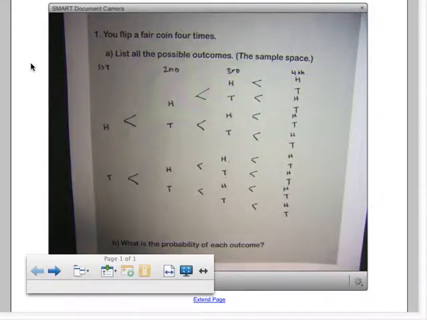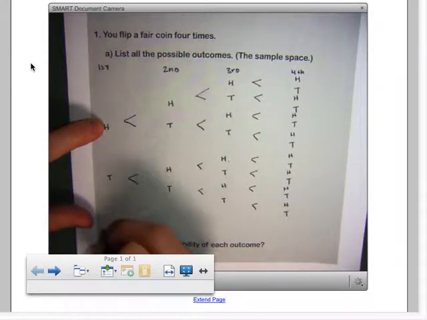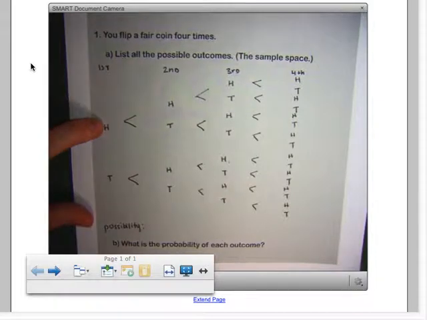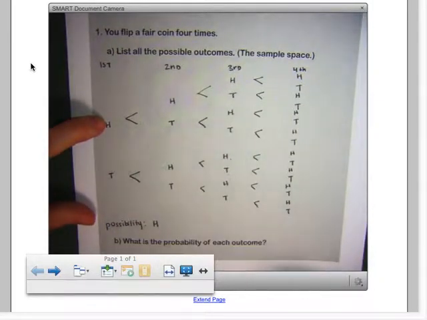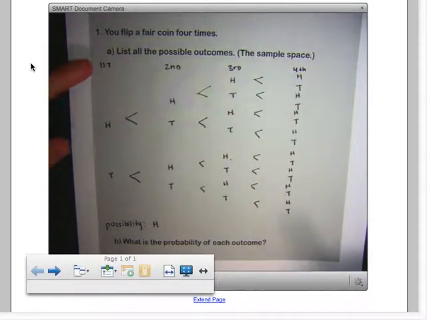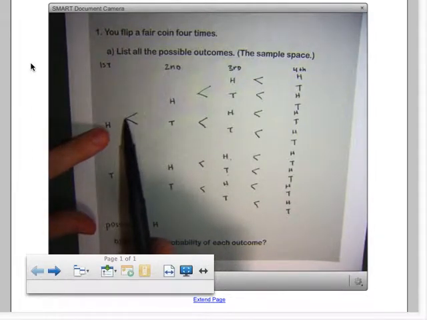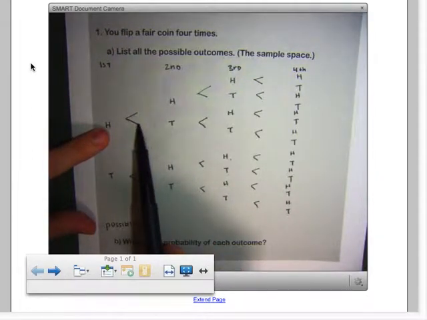Okay, so when we read this diagram here, we're always going to start with our first flip. So let's say I'm just going to list a possibility. So on the first flip, let's say I get a head. So flip 1, I got a head, so I'm going to go here. So then I can either get a head on my second flip or a tail on my second flip.